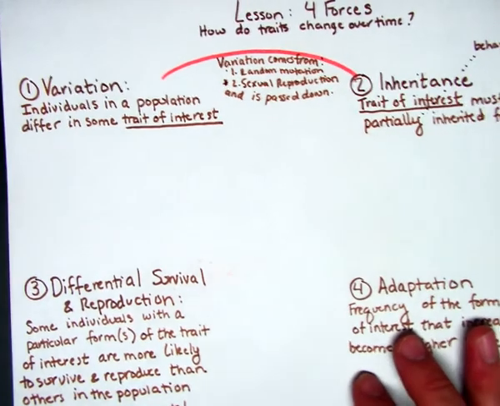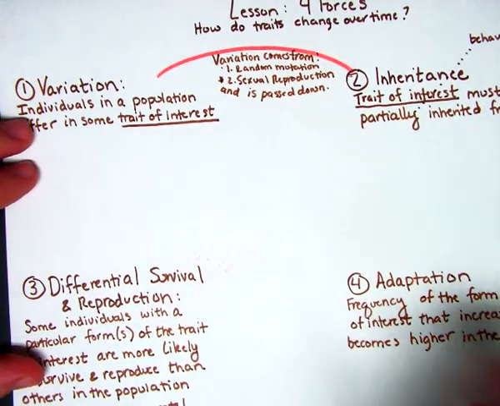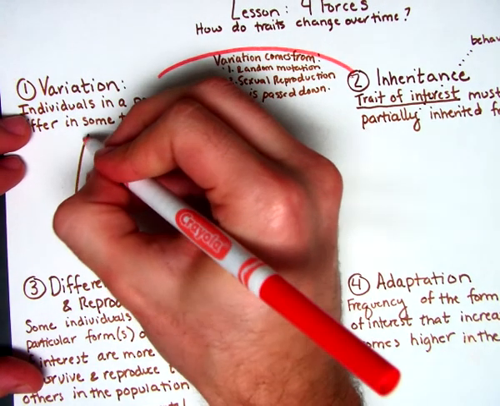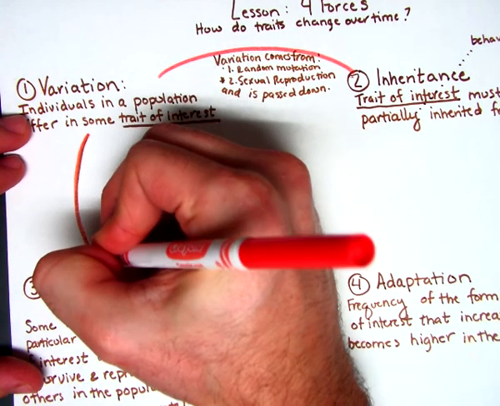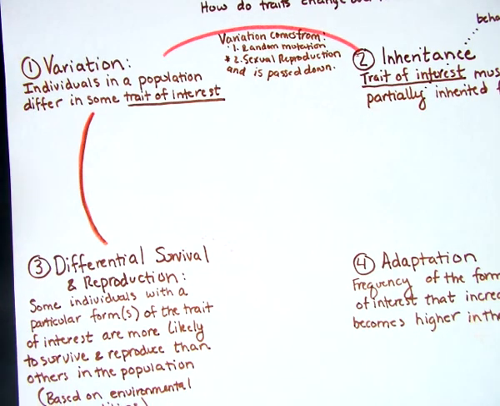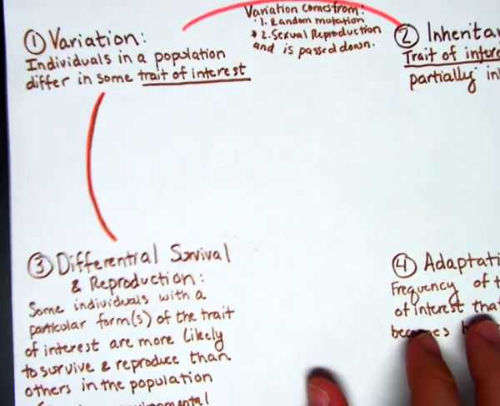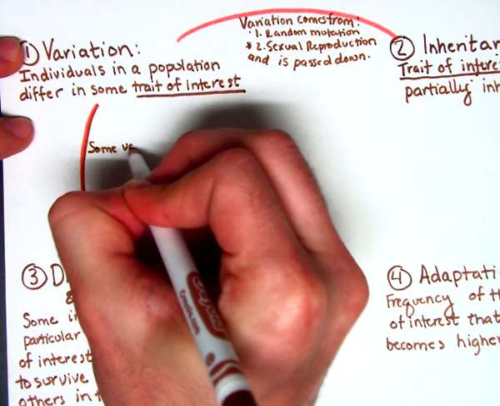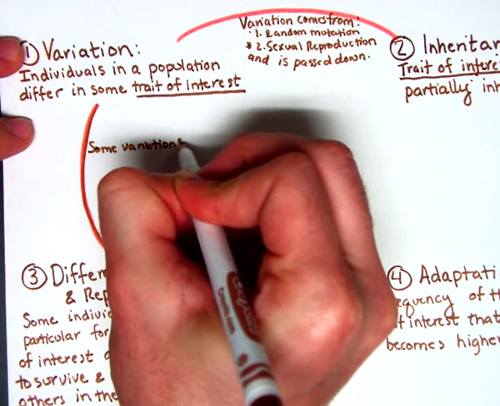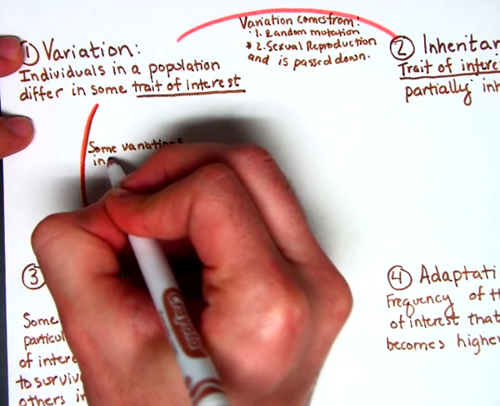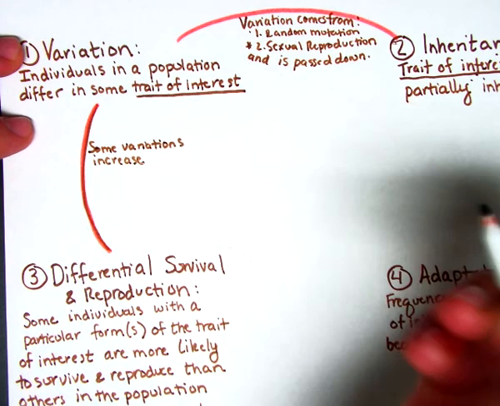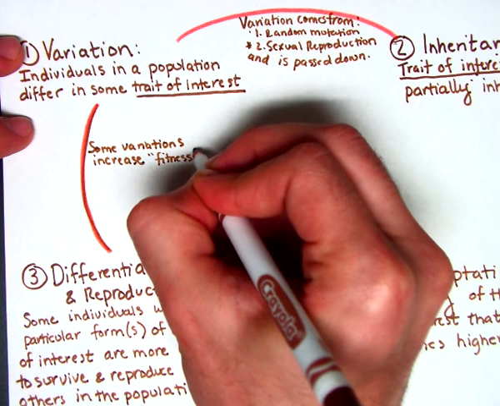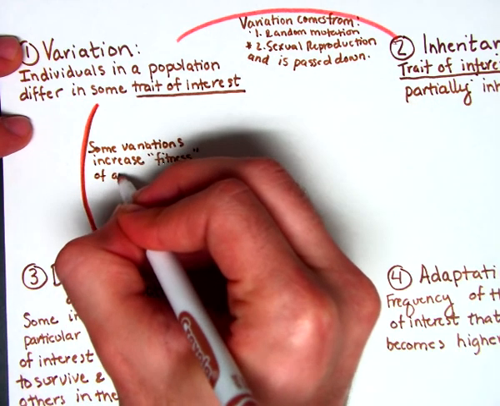Other connection here. Variation and differential survival. It's meant to be read. So the connection here is that some variations increase what's known as fitness of an individual.